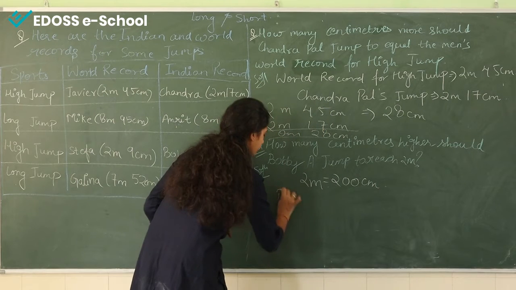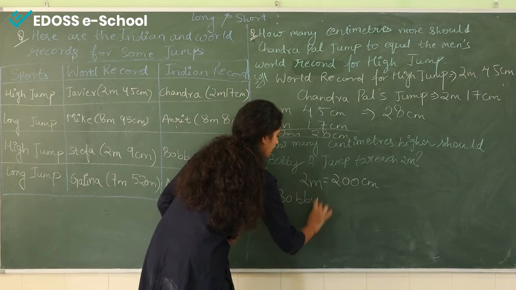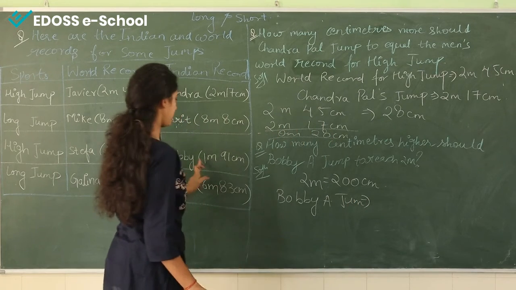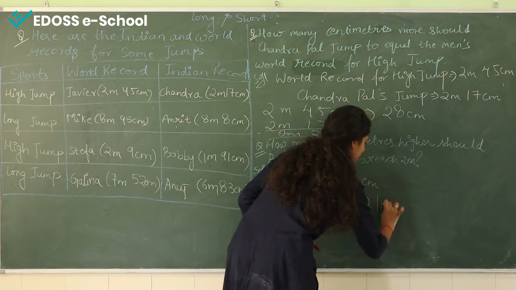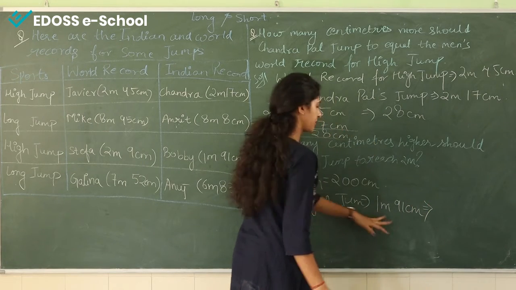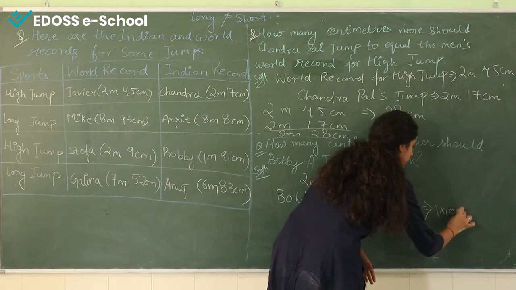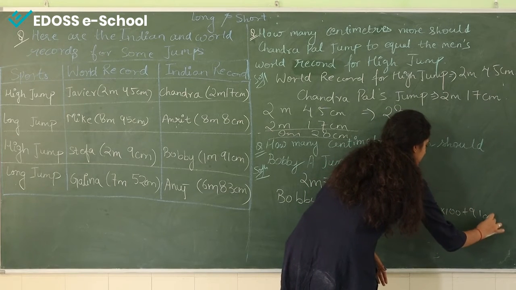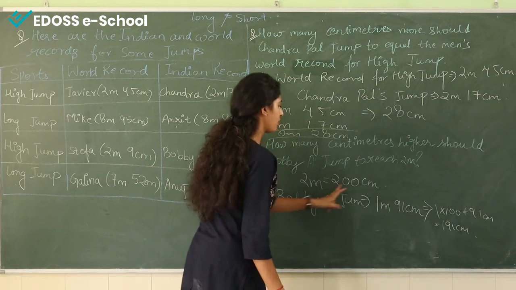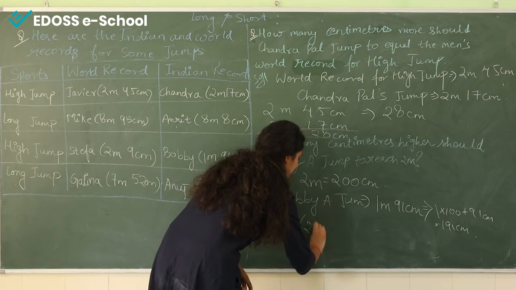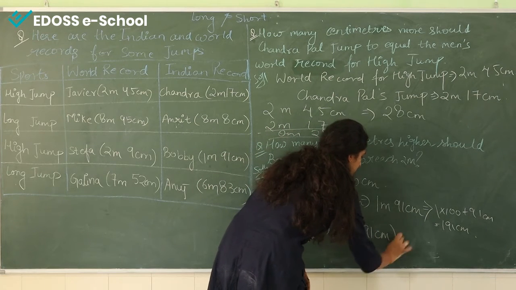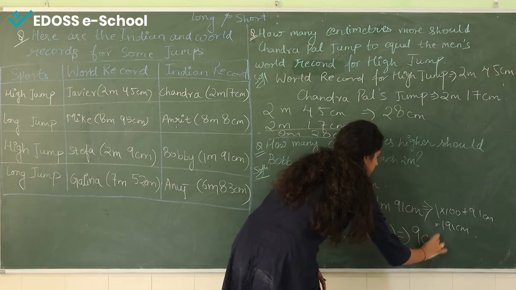Bobby A's jump is 1 meter 91 centimeter, that is 1 into 100 plus 91 centimeter, that is 191 centimeter. So we'll subtract 200 centimeters minus 191 centimeter is equal to 9 centimeters.